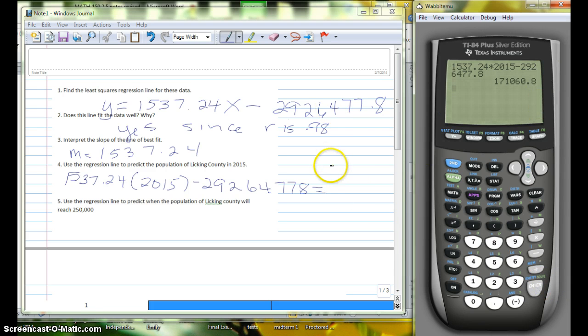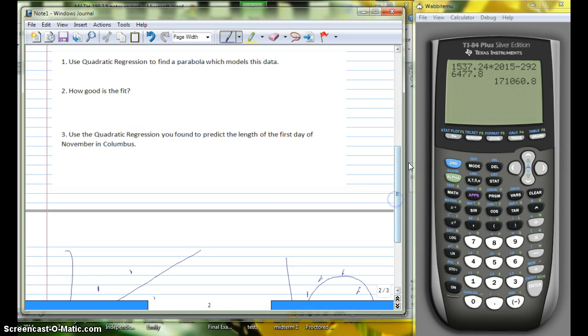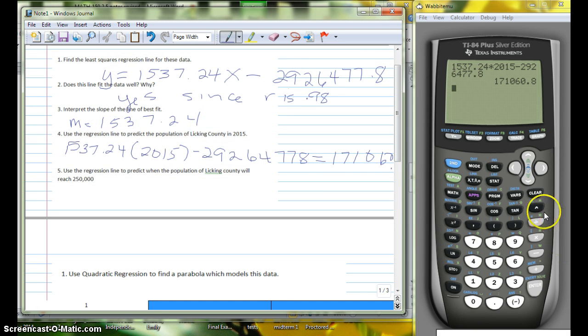So we're estimating that in 2015 we'd have 171,060 people. That's 171,060.8, depending on how closely you want to round this.